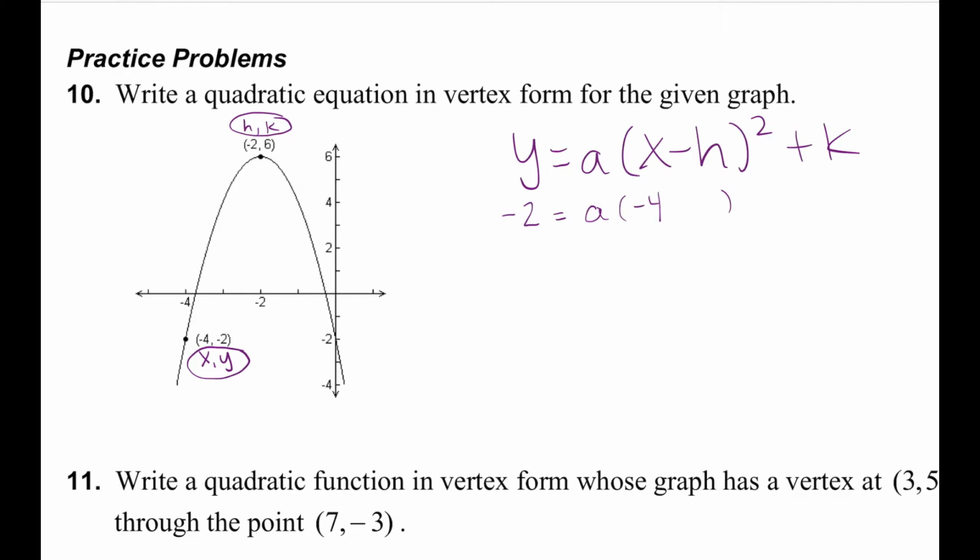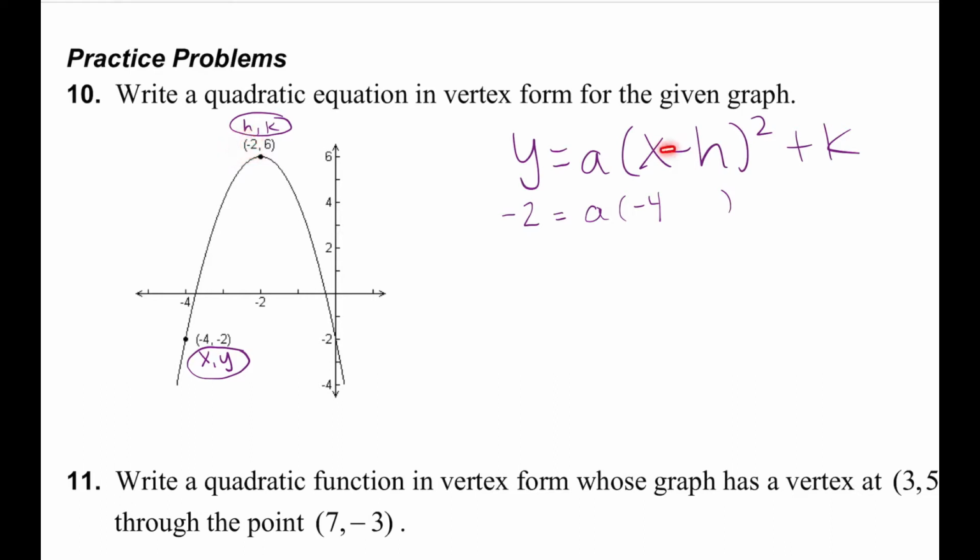And notice I'm getting these numbers from on the left side. So when I put in my y, I'm putting this negative 2 in for y. When I have my x, I'm putting the negative 4 in for my x here.